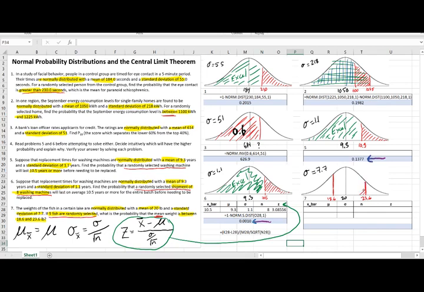So we're looking for the area between these two x values, this red shaded area. So we're going to take the same approach as we took in problem number 2. The area to the left of the larger value minus the area to the left of the smaller value.